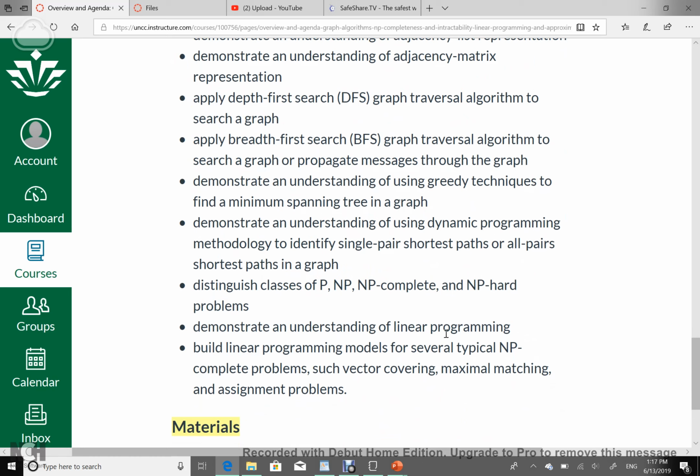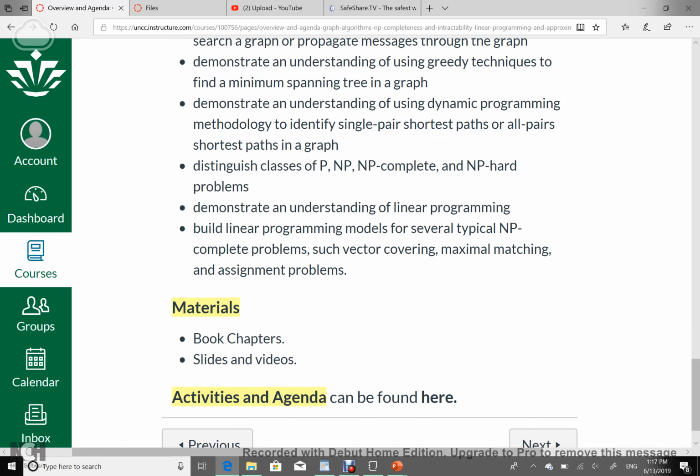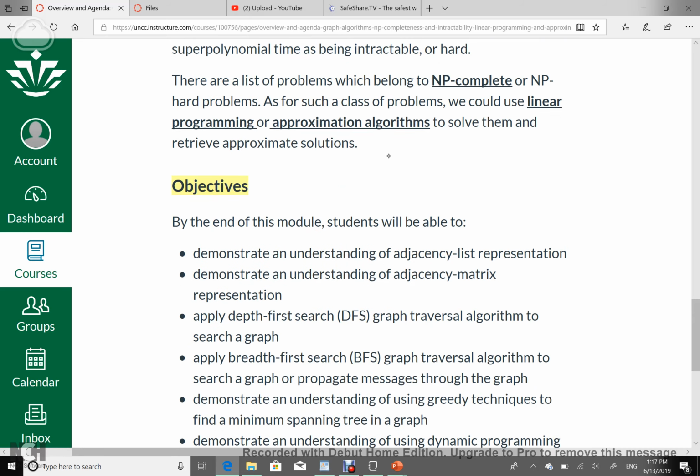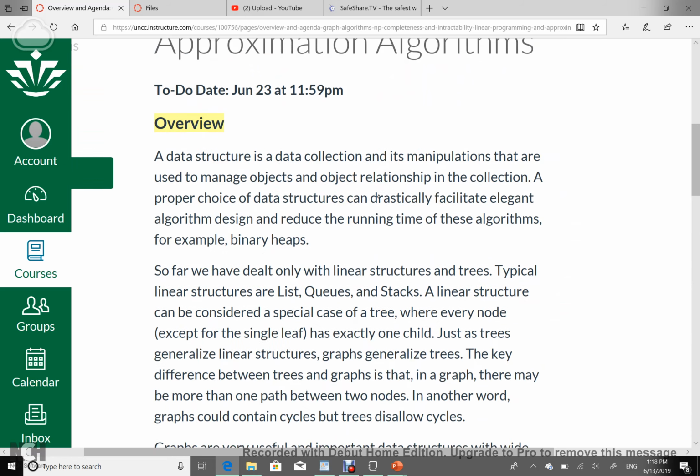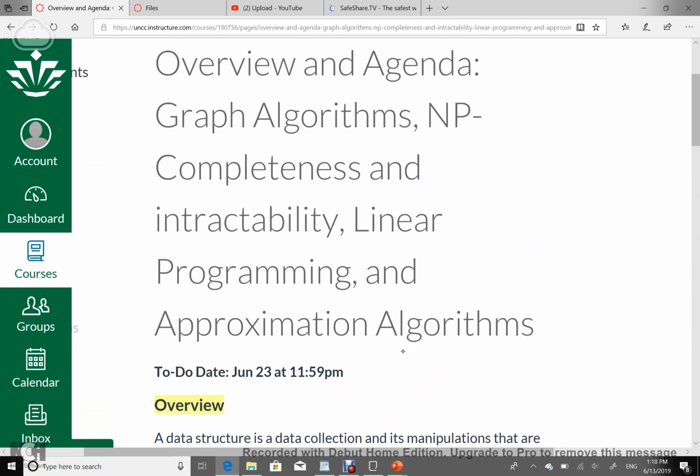You will also demonstrate understanding of linear programming. We will give you some examples of typical NP-complete problems based on graphs: vertex cover, maximum graph matching, and the assignment problem. The materials will also be given to you. I think that's all for this video, the overview and agenda.